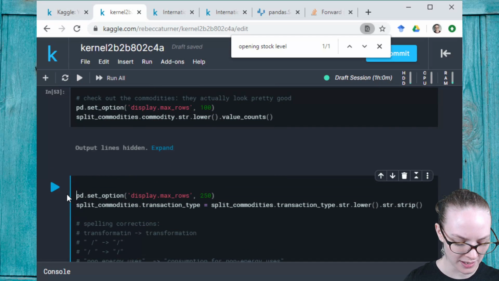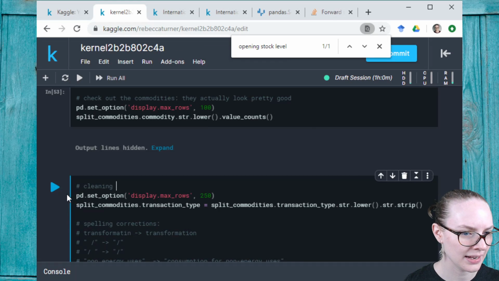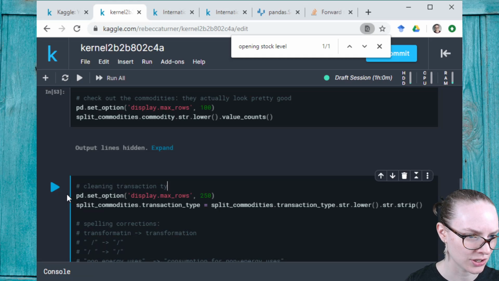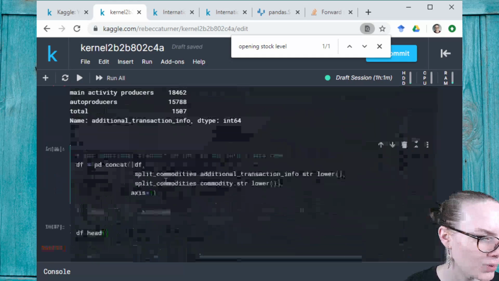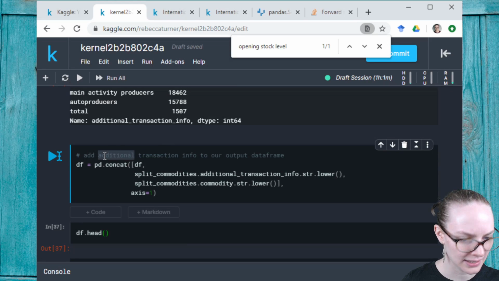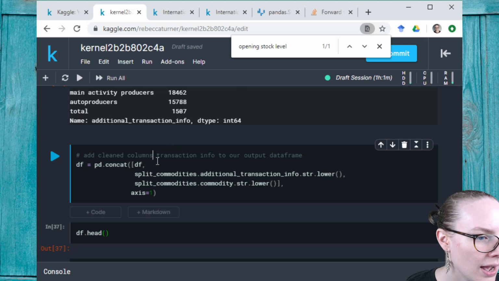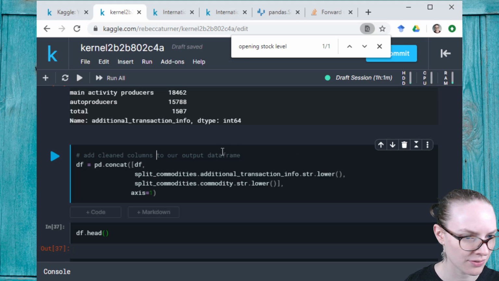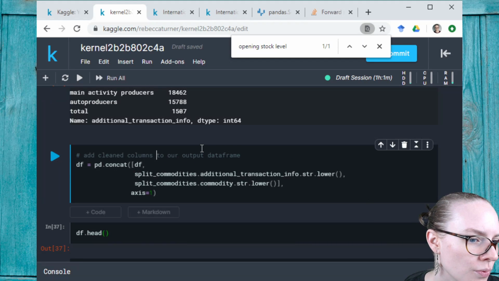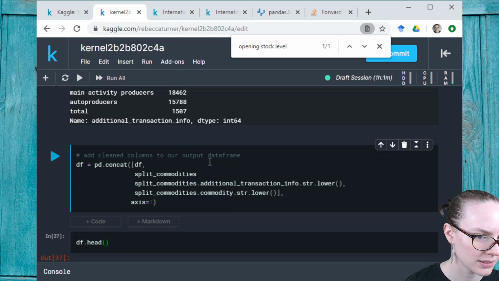And then this one is cleaning transaction type. And then this one, scrolling down, is add additional, add cleaned columns to our output data frame. So we should add split.